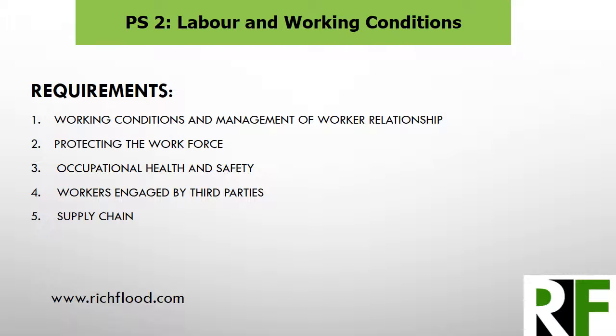Working conditions and terms of employment have to be looked into. Workers' organization, non-discrimination and equal opportunity, retrenchment procedures and requirements, and of course a grievance mechanism will have to be put in place under the working conditions and management of the workers. Then you have protecting the workforce, which covers child labor and forced labor. These have to be protected.